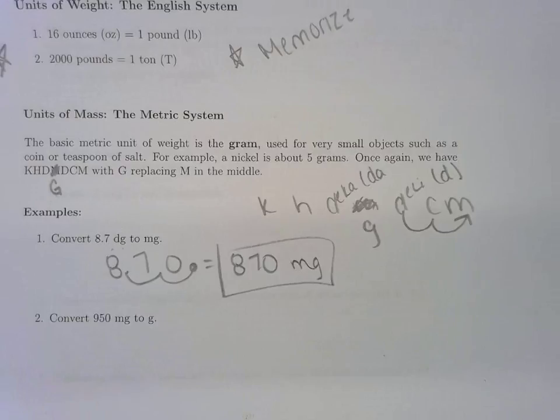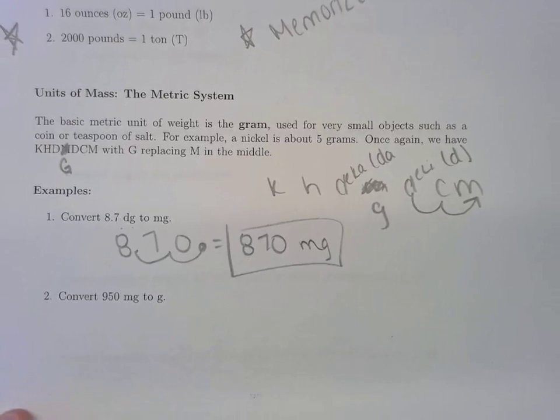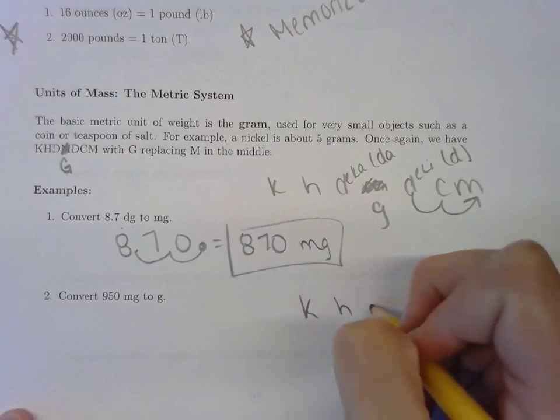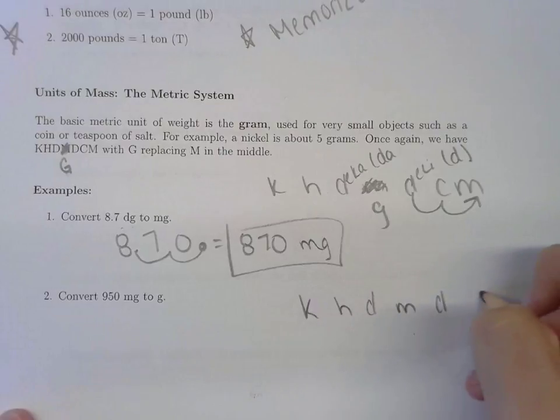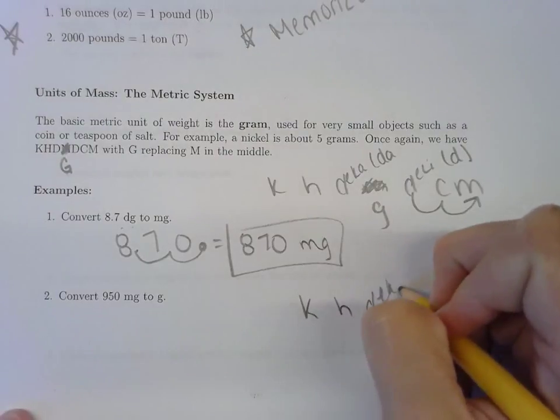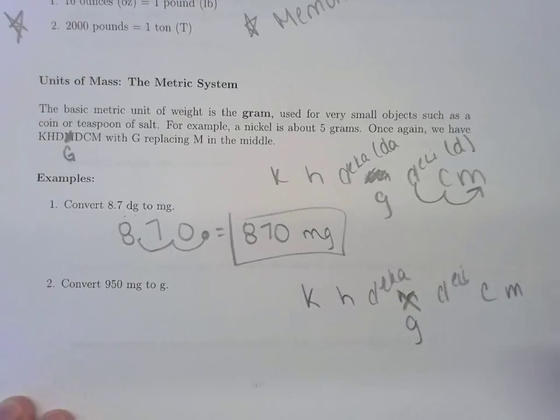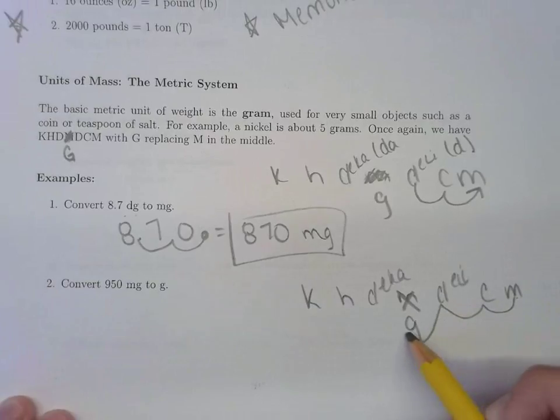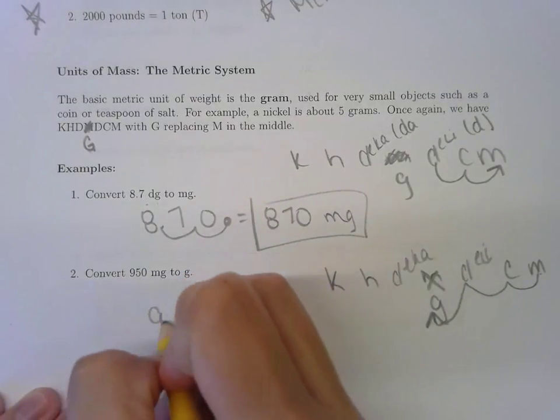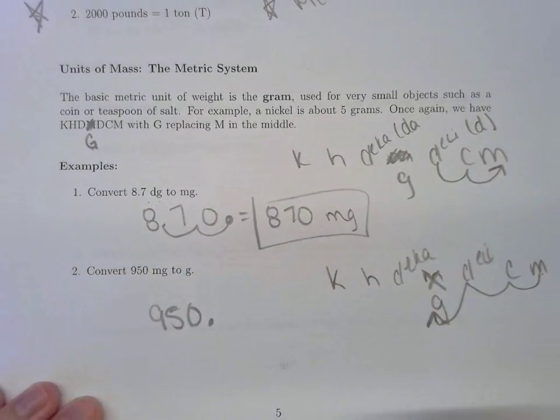Okay, and then the next one converts 950 milligrams to grams. So again, King Henry died Monday drinking chocolate milk. We have deca, we have deci. This is grams. So we want milligrams to grams. So to the left, 1, 2, 3 places. So we have 950 here, decimal point is here.